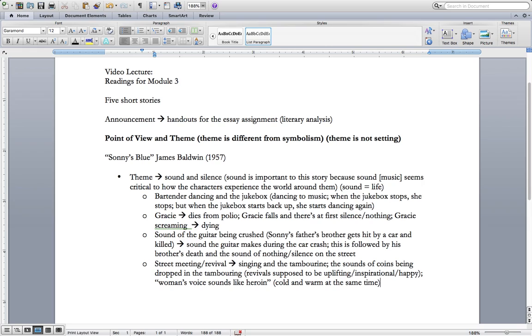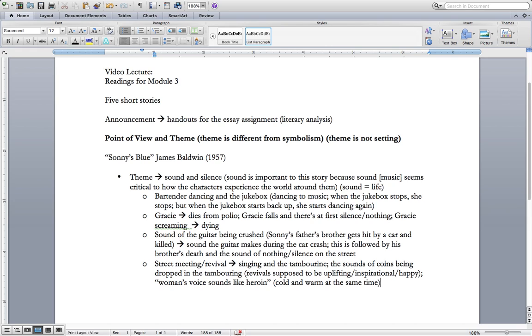So it's that same kind of idea, that between humans and sound there's this tension in the relationship. We need it, but at the same time, it can be disheartening, for example, with Gracie screaming or with the sound of the guitar making crashes.